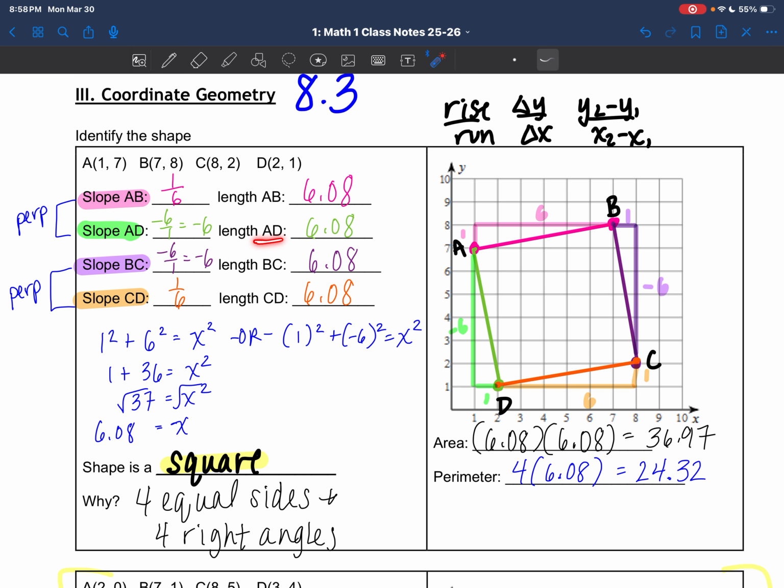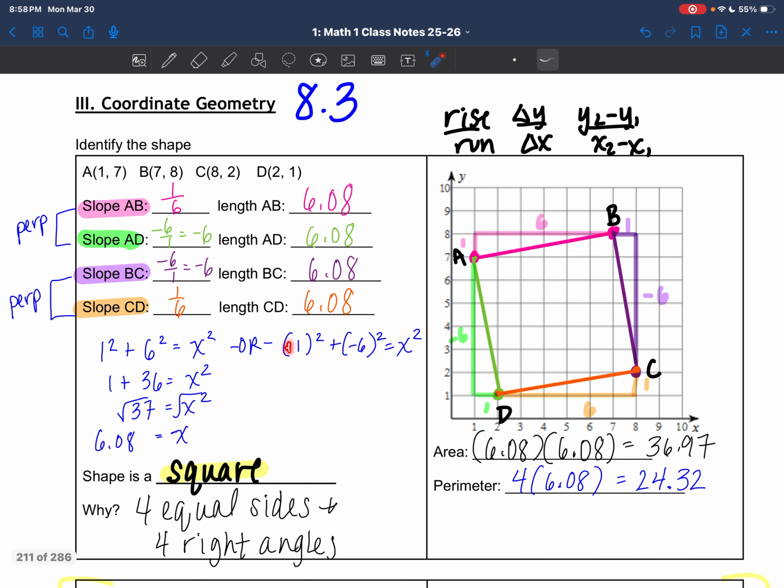But to find the length, I'm still using the same, because if I were to do 1 and negative 6 here, it's still going to get the same measurement. So I'm still going to get 1 plus 36 equals x squared. So then you get 37 equals x squared. Take the square root of both sides, and you get x is approximately 6.08.